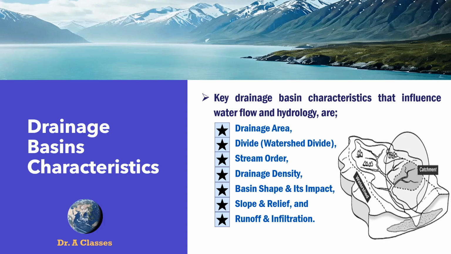Understanding these hydrological characteristics is crucial for water resource management, flood control, and environmental planning. By analyzing drainage area, stream order, drainage density, and other parameters, we can predict how a river system responds to rainfall and human activities.